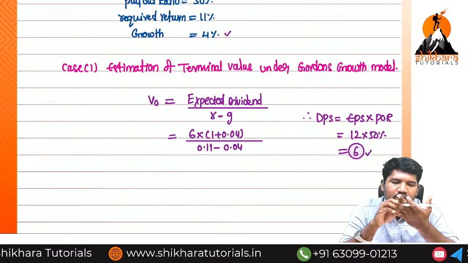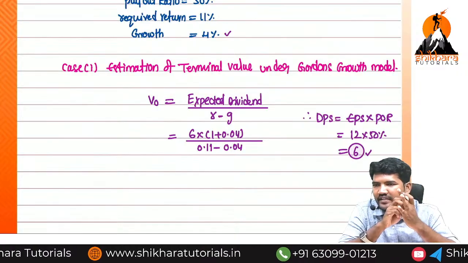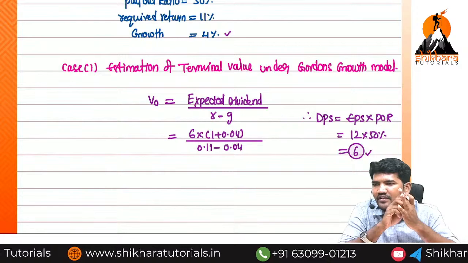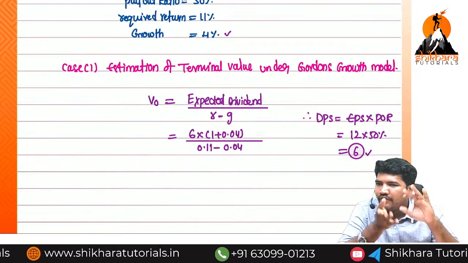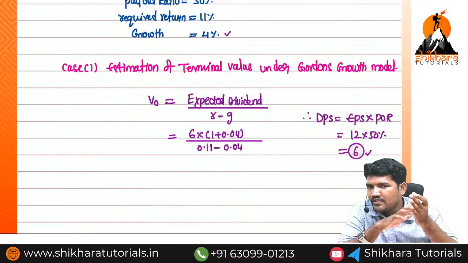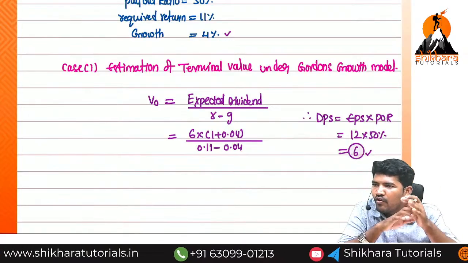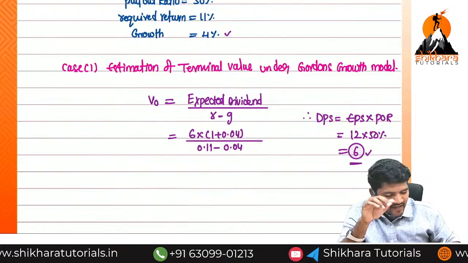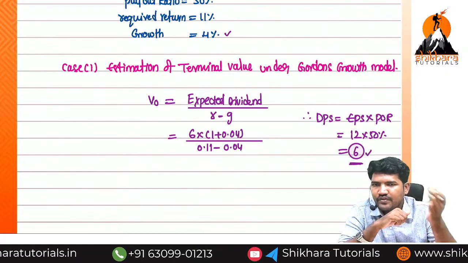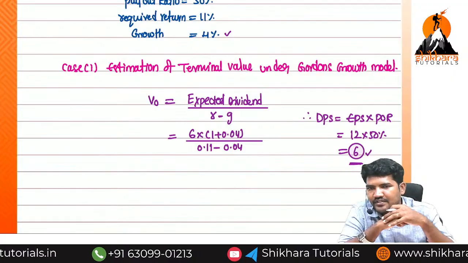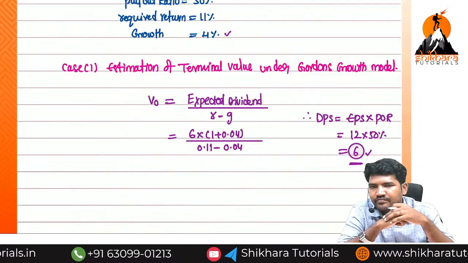If you read the question, they provided 10 years of constant growth. After the 10th year onwards, it will grow by 4%. It means this 6 is after the 10th year or before the 10th year? Before the 10th year. That's why you have to grow it by 4%. Are you clear now? The growth value is very, very important.